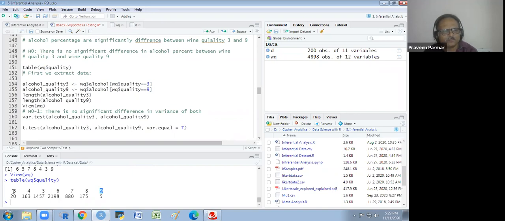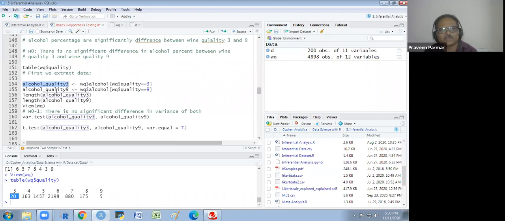So we have to compare between 3 and 9. For wine quality 3 and 9, we have to compare whether the alcohol percentages are the same or different. So first we allocate this. I am making a new independent variable which would not be included in the data frame, because the observations would be only 20, and our data frame has 4898 observations, so it will not fit there.